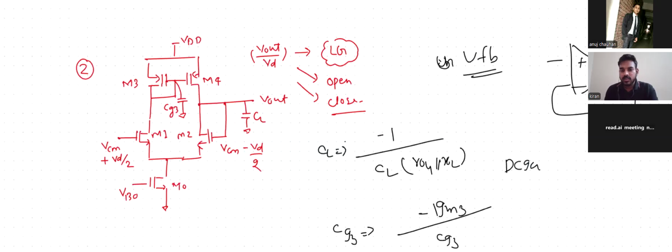The DC gain for the normal thing without any feedback, I can take this Gm as Gm1 and R03 parallel with R02 parallel with R04.